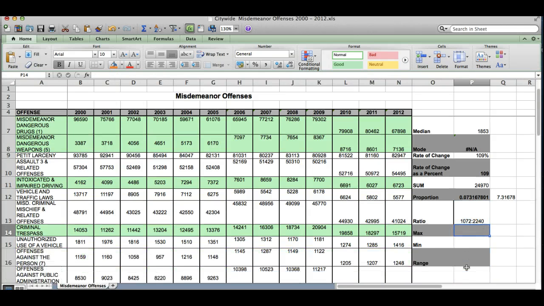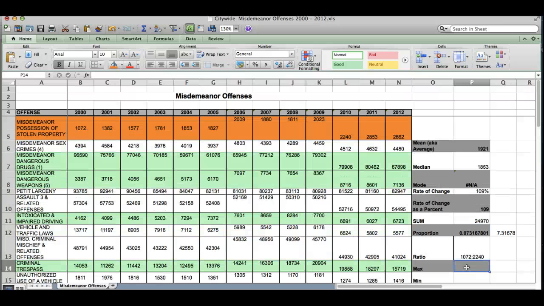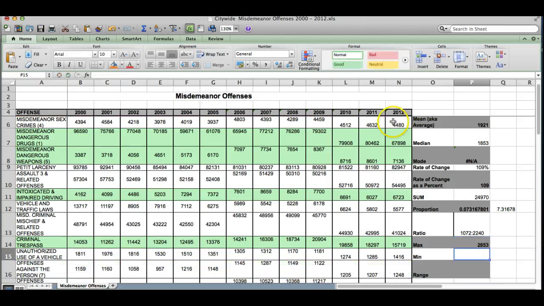Max and min are two calculations that you might end up using, and they are also beneficial for you when you're calculating a range. So a max gives you the highest value within a set of values, and then the min gives you the lowest value within a set. To calculate max, what you want to do is equal, and you're going to type in the word max, open a parentheses, highlight your values, in this case, all of the stolen property offenses, close the parentheses, and hit enter.